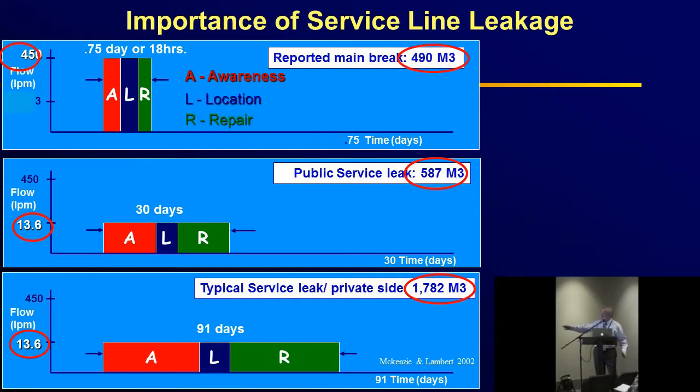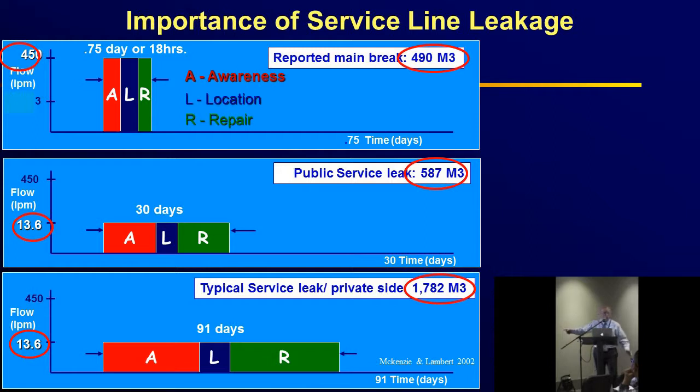Now, for some systems, you've got the private portion that's on private property, and those tend to run a lot longer. So in these cases, where a typical service leak on private property, you may have the same flow rate of 13.6 liters per minute, and I'm being conservative here, you might be looking at 91 days or 180 days of leakage runtime.